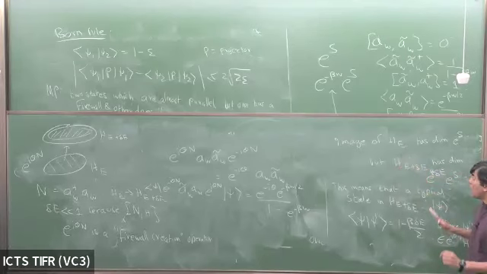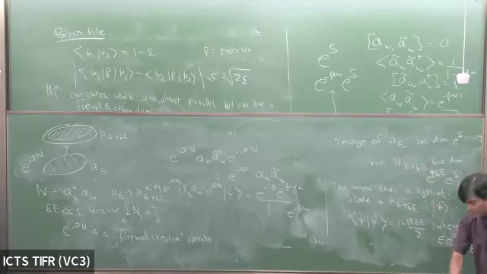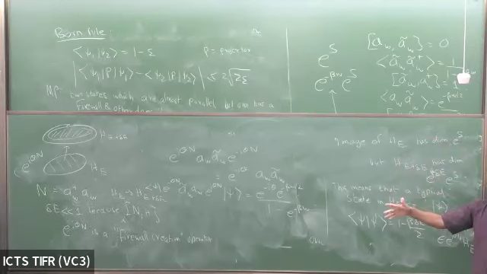Now you could say the volume of the image of HE is very small. The volume, in fact, is 0. It's like what we were discussing earlier. The volume of this plane is 0 in the space of 3-dimensional vectors. But a typical vector has an overlap which is order 1 with the plane. If I project it onto the plane, it has a non-zero overlap. Okay?